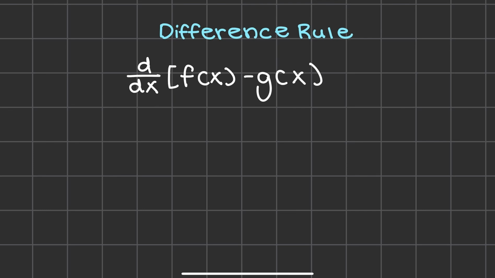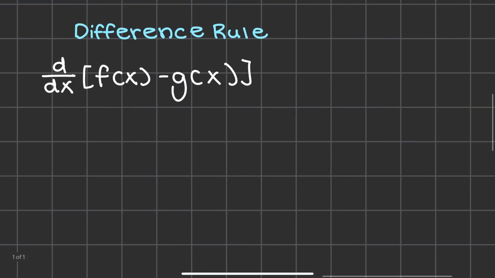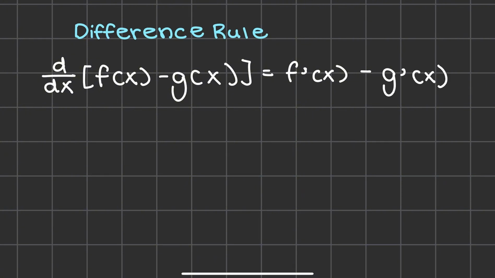So before, in the sum rule, we understand that f of x minus g of x is just equal to f prime of x minus g prime of x. And in this case, it's the exact same thing, just the opposite way around. So in this case, f prime of x minus g prime of x is equal to the derivative of the collective f of x minus g of x. And that's pretty much it.